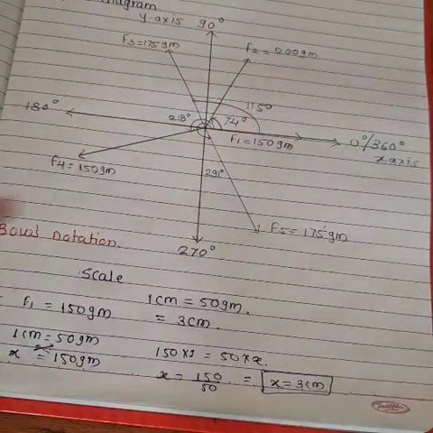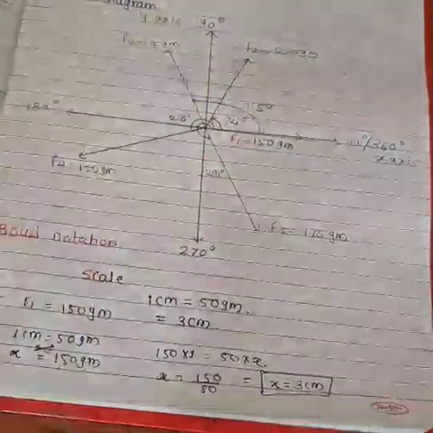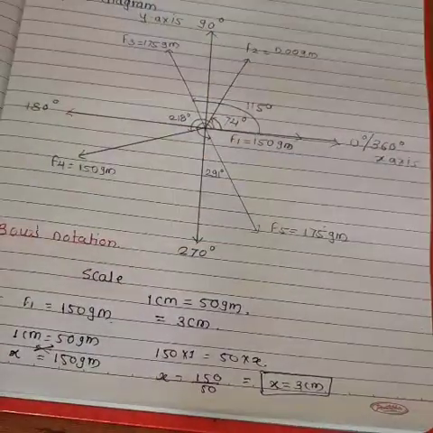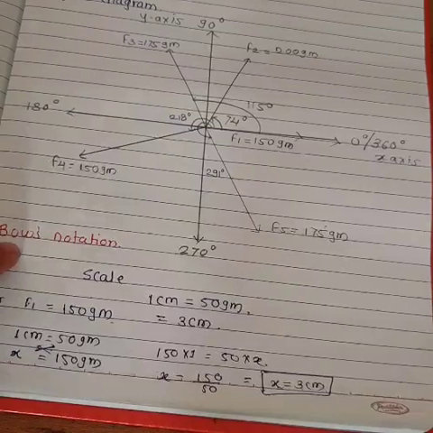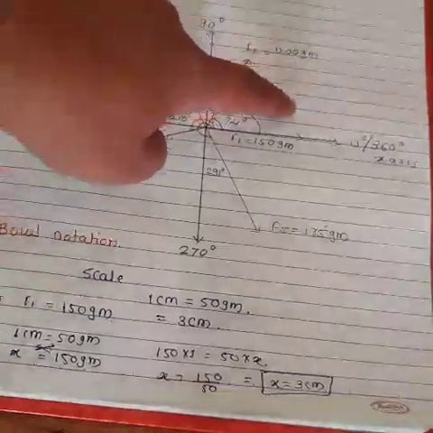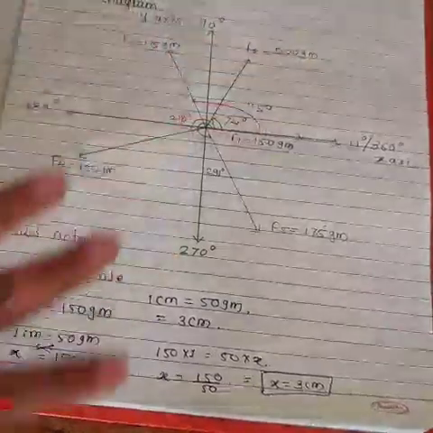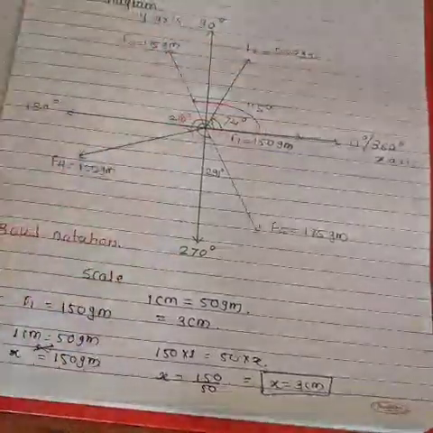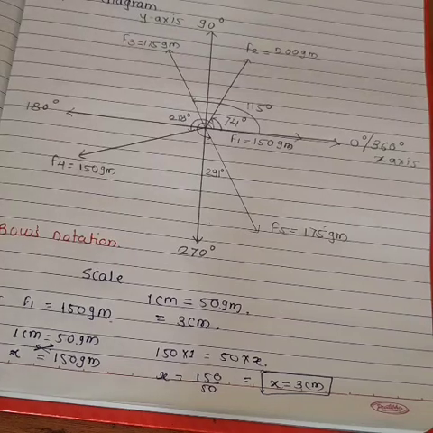So how can we represent the F1 force in a force diagram? Bow's notation is nothing but denoting the spaces with numbers or letters, so that we can represent the forces in numbers or letters.